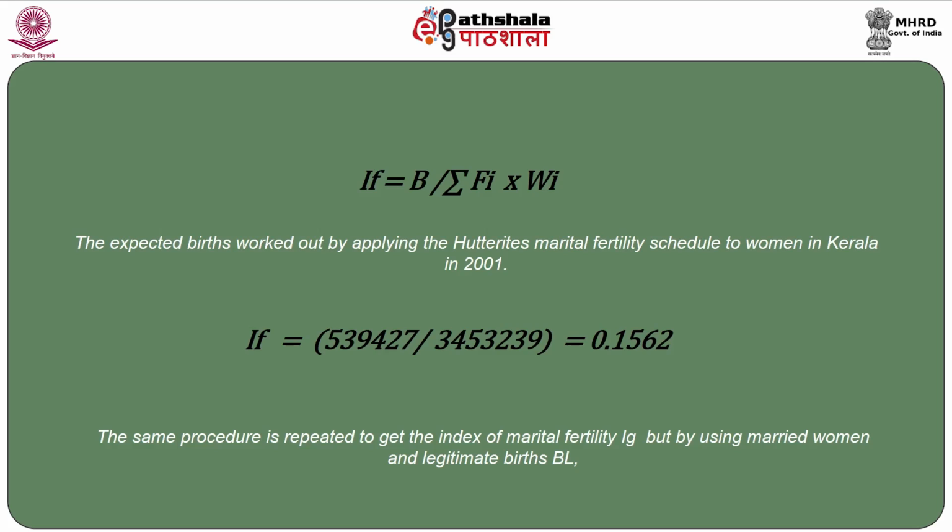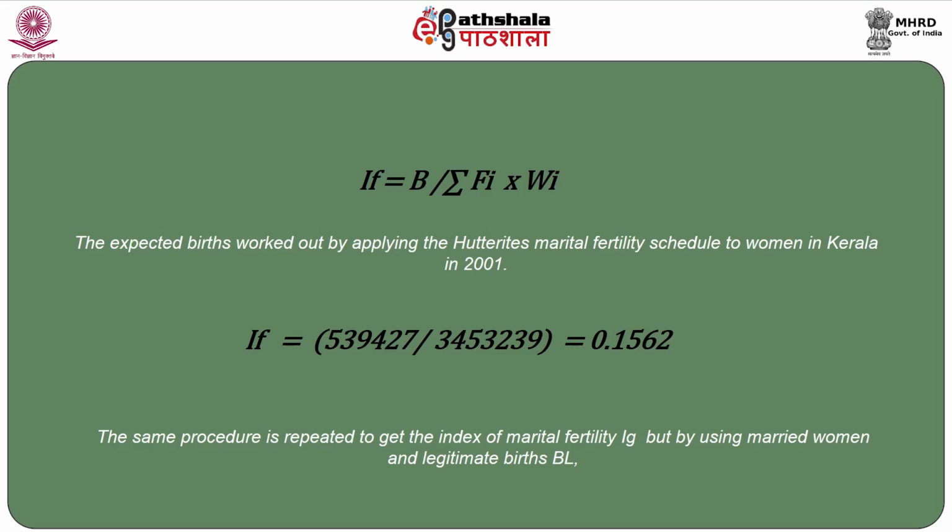The expected births are worked out by applying the standard population's marital fertility schedule to women in Kerala in the year 2001. By doing the calculations, you get a value of 0.1562. This is the index of overall fertility of Kerala state.